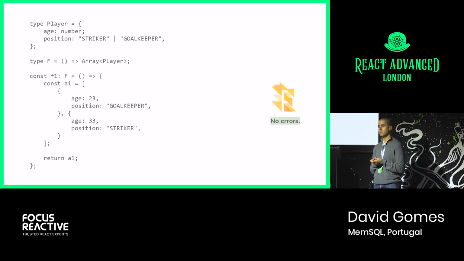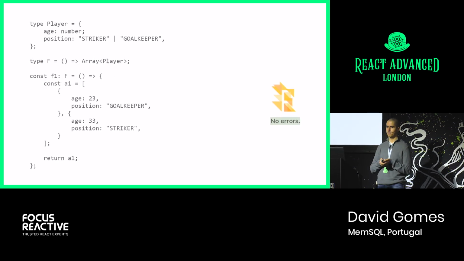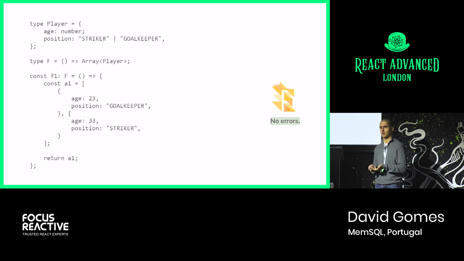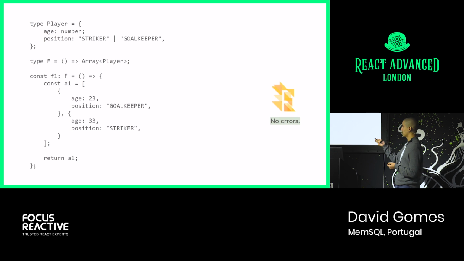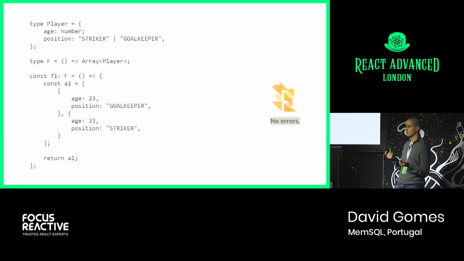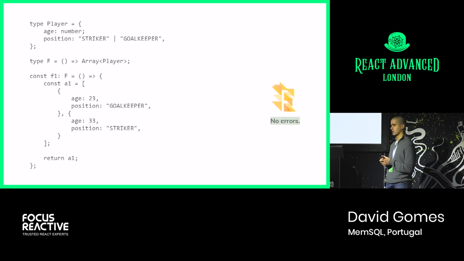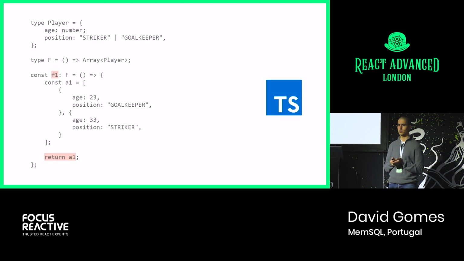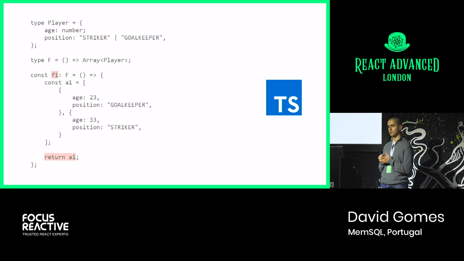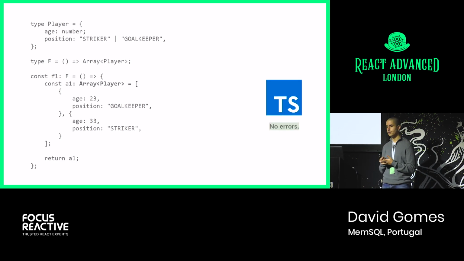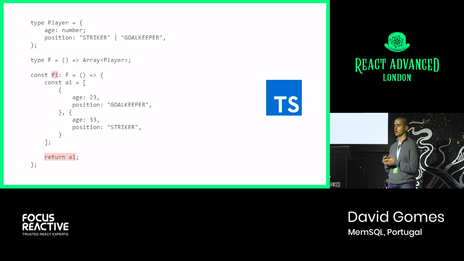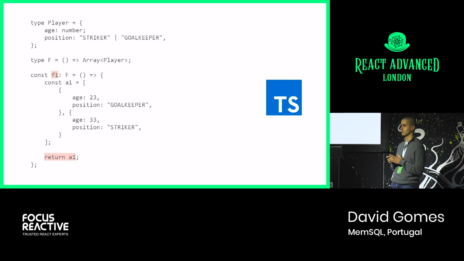So then we try to implement a variable of type F. We call it f1, and we declare it as a function that takes no arguments and returns a valid array of players. And Flow will not error. It will understand that the array is a valid array of players, and it will let you do this. It's correct. But the same code will error in TypeScript, because, once again, TypeScript needs a little bit more help with the annotation. TypeScript can't actually automatically detect that this is a valid array of players.